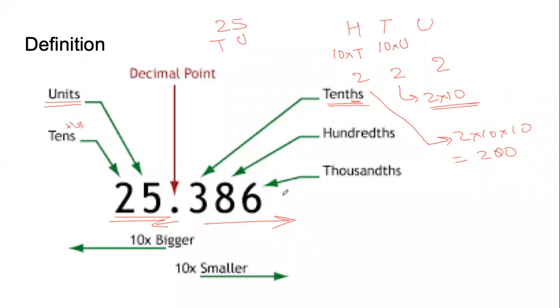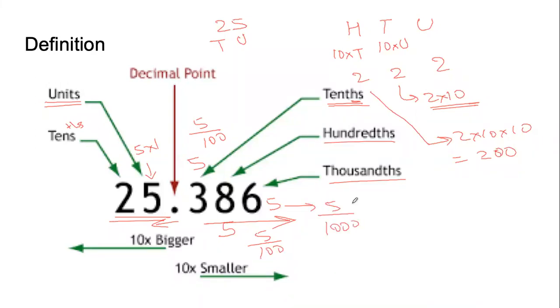Thus, 1/10 of something, then hundredths, thousandths. What this means is that if this is 5 into 1, and the same 5 is written here, it will be 5 divided by 10. If the 5 is written here, it will be 5 by 100. If the 5 is written here, it will be 5 by 1000.